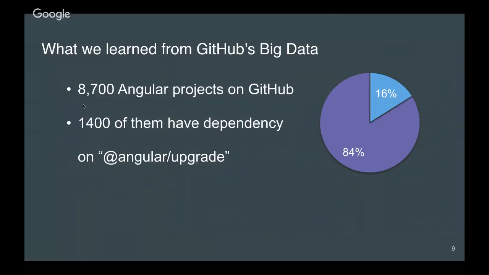So one thing we did was we tried to find out how many of these repos actually have Angular upgrade package in the dependencies. Why are we interested in this package? Because this gives us the upgrade module, which can bootstrap the AngularJS application within the Angular application.